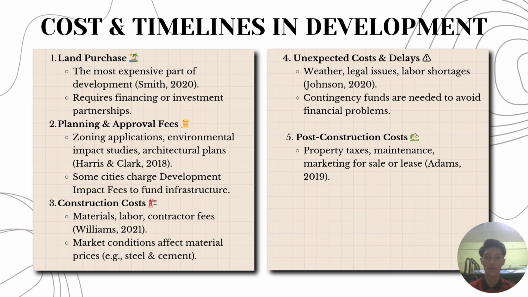These costs fluctuate depending on market conditions. The fourth is unexpected costs and delays. Issues such as weather condition, legal dispute, or labor shortage can increase project expenses. Developers usually set aside contingency funds to handle unexpected challenges.